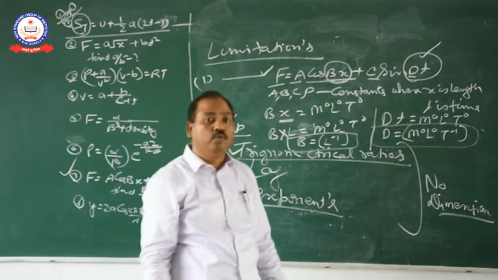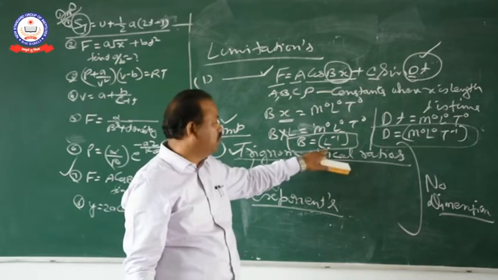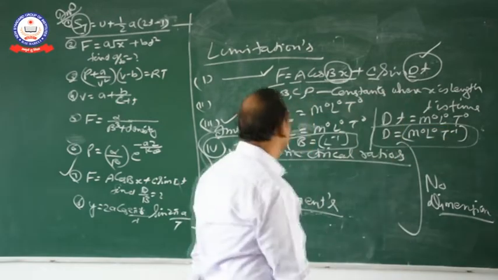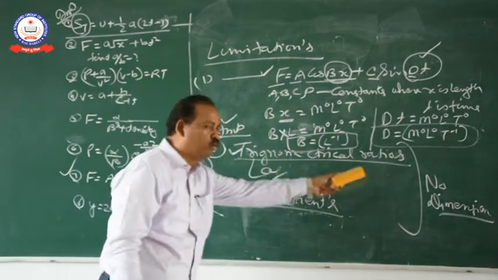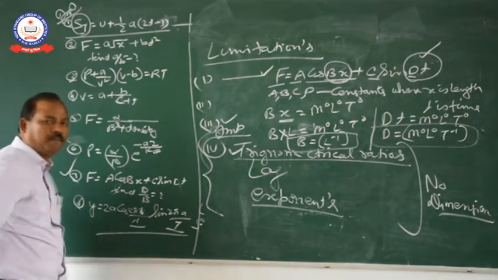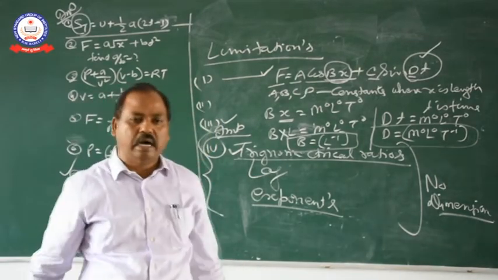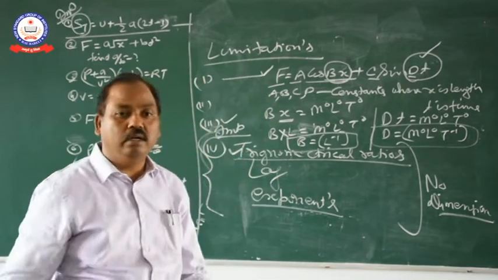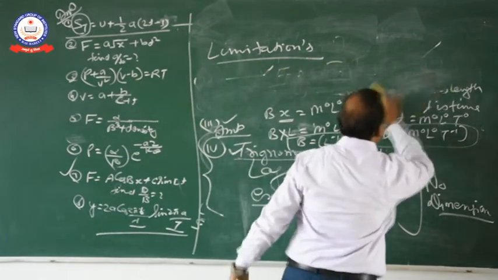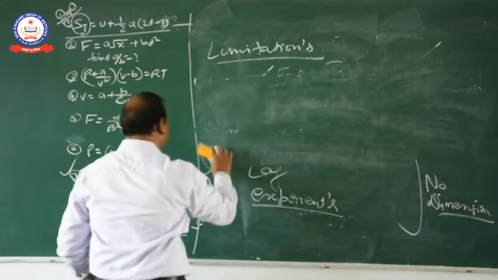If you want to know the unit, L inverse is meter inverse, and t inverse means second inverse. तो इस तरीके से इस लिमिटेशन को आप यूज करके किसी भी ट्रिग्नोमेट्रिकल फंक्शन, ये भी डायमेंशनलेस होगा, ओके। तो ट्रिग्नोमेट्रिकल रेशियोज आर डायमेंशनलेस, करेक्ट.